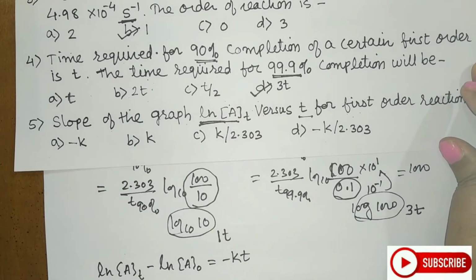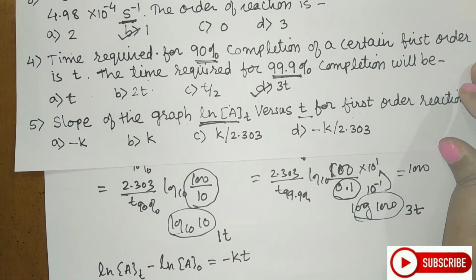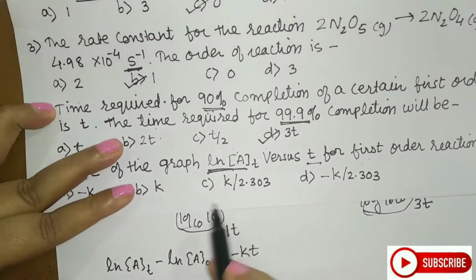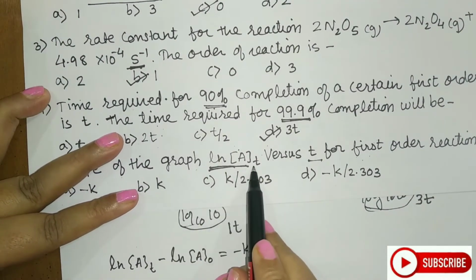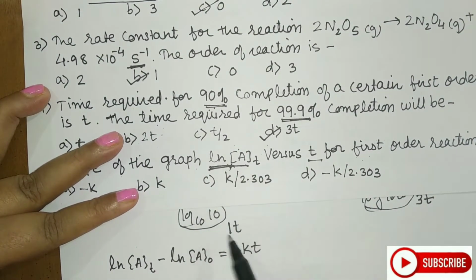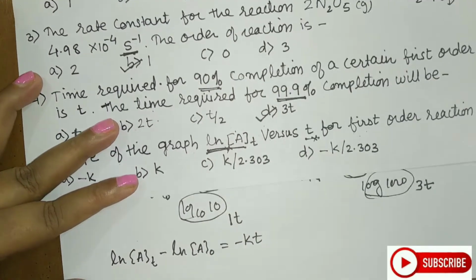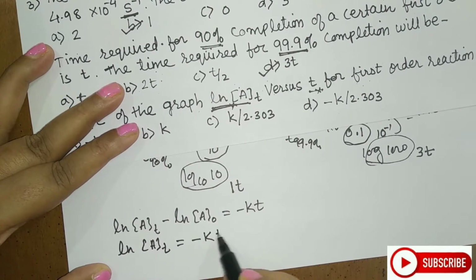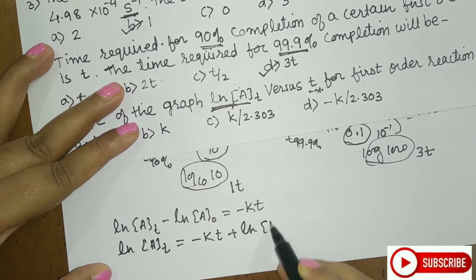Now students, you know that this particular equation must be in the format of y is equal to mx. So let us rearrange this. They want the graph of ln At, means this is your y-axis and t should be on your x-axis. This will become ln At is equal to minus kt plus ln A0.